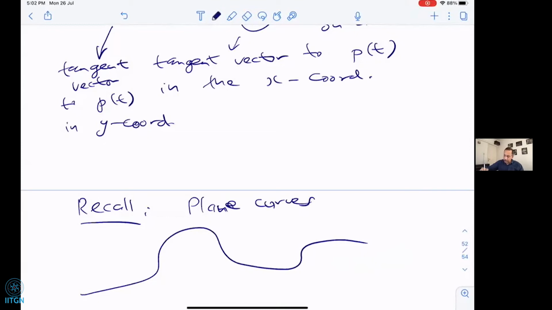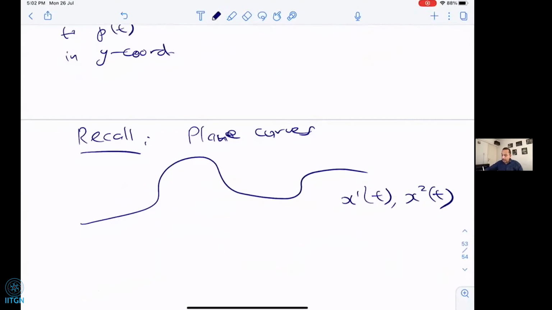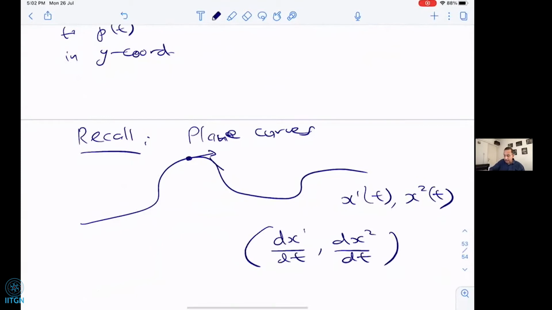Let me call them x1 and x2, x1 of t and x2 of t. Now I take dx1 by dt and dx2 by dt, and this readily can be seen to give me a vector which has this appearance. It just skims the curve at any given point.